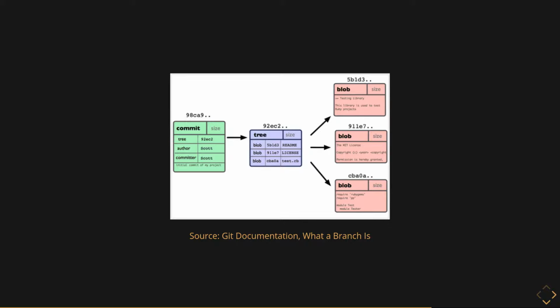Blob objects that correspond to the given files, tree objects that correspond to the directories, and a commit object which represents the code that you've checked in.